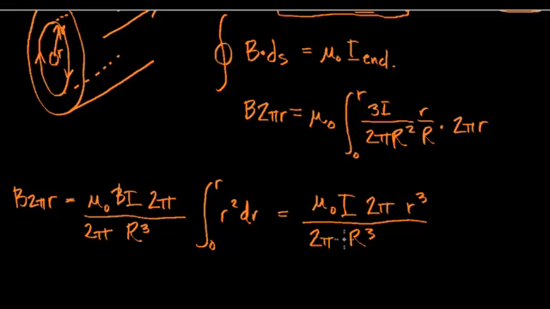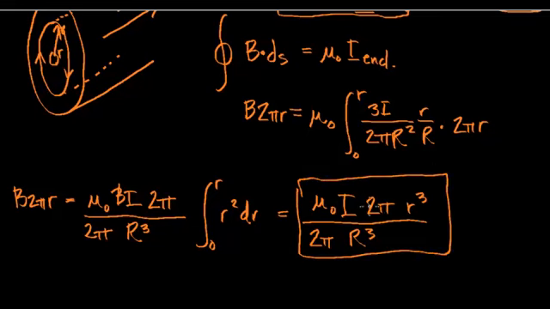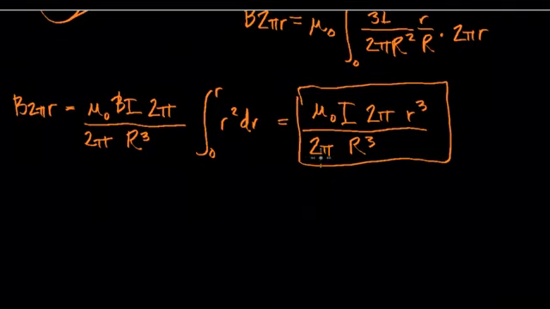So what we end up with is this equation, and I'm leaving the 2 pi's in there because I can't quite remember exactly how this is going to work, but I want to get mu sub naught over 4 pi.